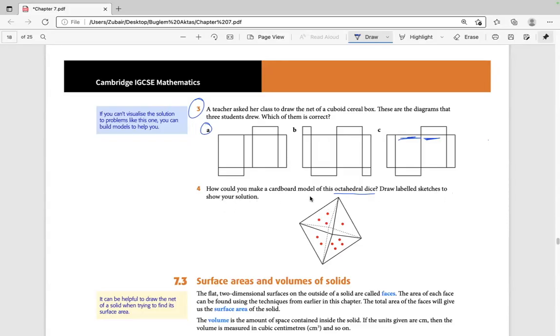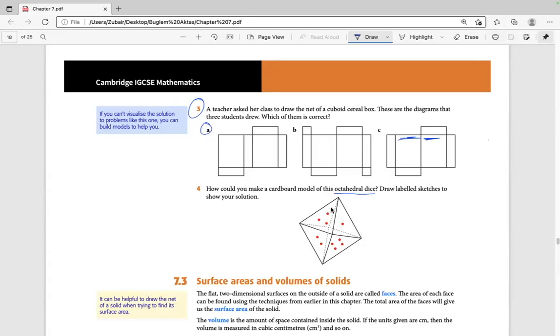Okay, I'm trying to understand what the question is asking because we may have 8 equal triangles. Let's say we have 8 equal equilateral triangles individually and we paste them together with glue or tape.